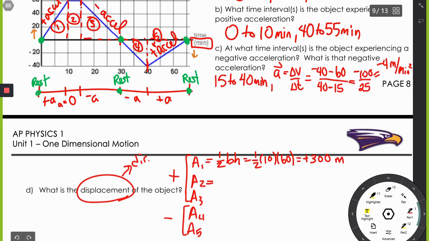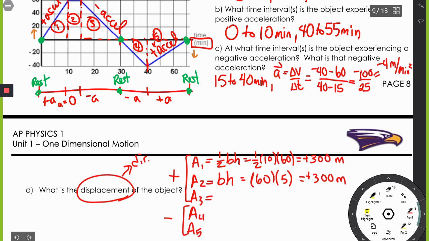And now from 10 to 15, it is a rectangle. So I'm going to do base times height. So I'm going to do 60 times 5, right? Because it's this area right here. It's only a 5-minute gap. And so that's also positive 300 meters. So you can see for the first 2 segments, they've traveled a total of 600 meters, still in the positive direction.